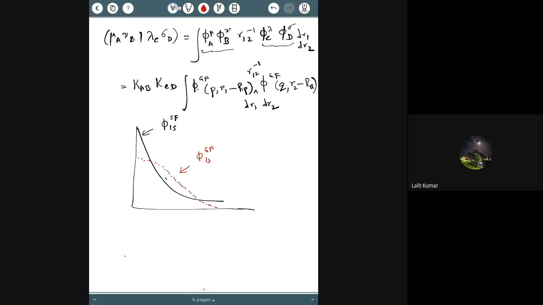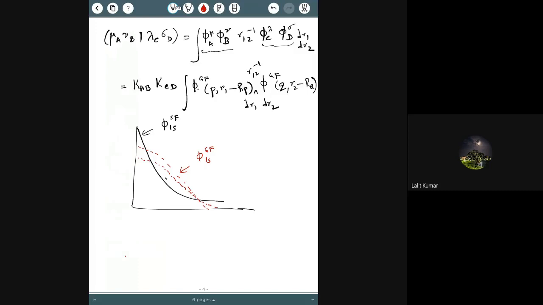Even in that case, you can at most get to something like this. So when you try to improve the close part or the near nucleus part of it, the tail becomes worse. So with a single Gaussian function, it is not possible to represent a Slater function very well.